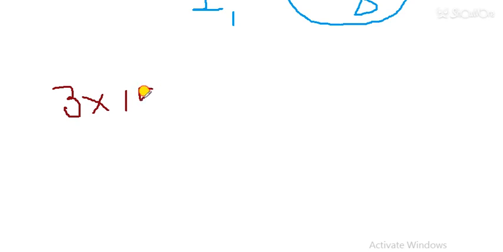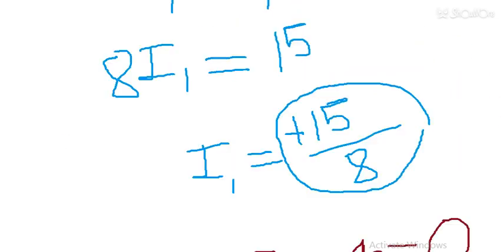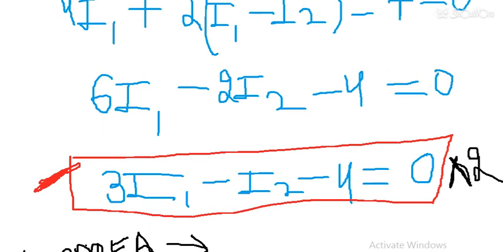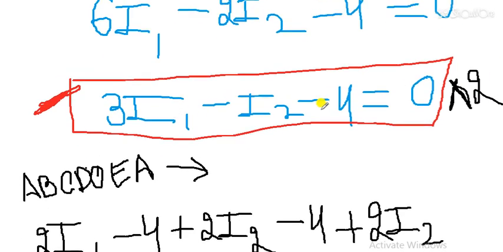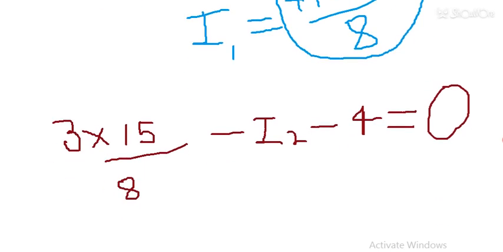So you can solve it by step. 3I1 minus I2, so I2 we have to find, minus 4 equal to 0. I have put the value of I1 in this equation, 3I1 minus I2 minus 4 equal to 0. So this will be the equation, 3 into 15 by 8.